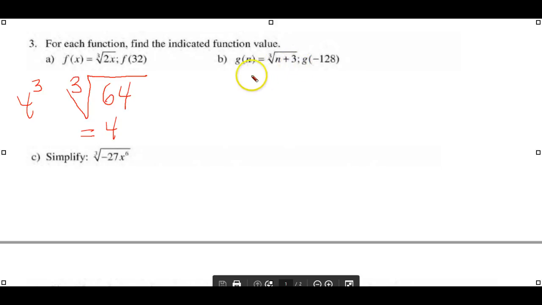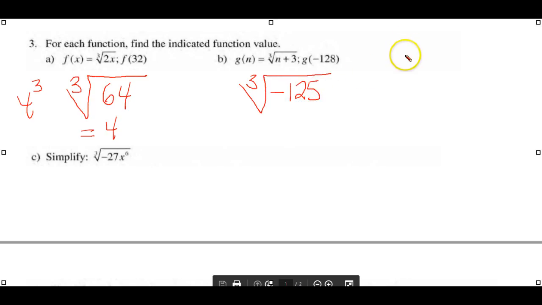And in this case, we're taking the third root of a negative 128. We're going to add 3 to it, so this becomes a negative 125.